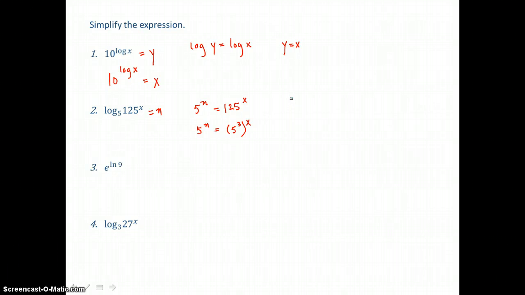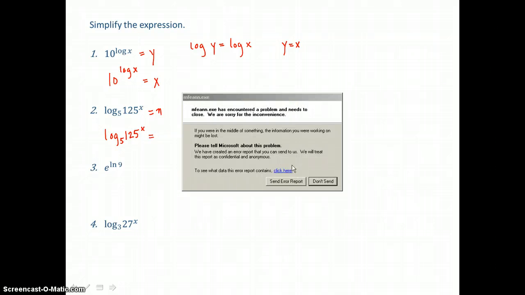So I have 5 to the n power is equal to 5 to the 3x power. So that means if my bases are the same on both sides of this equation, then the exponents have to be the same, or n is equal to 3x. And now solving for this log base 5 of 125 to the x power, that logarithmic expression is just equal to 3x.